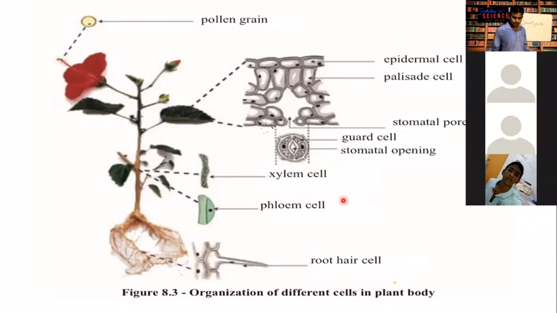Multicellular organisms possess tissue and system level organization. Yes, tissue and system level, because I told you they have different systems, different tissues. In unicellular organisms, they don't have that kind of organization level.